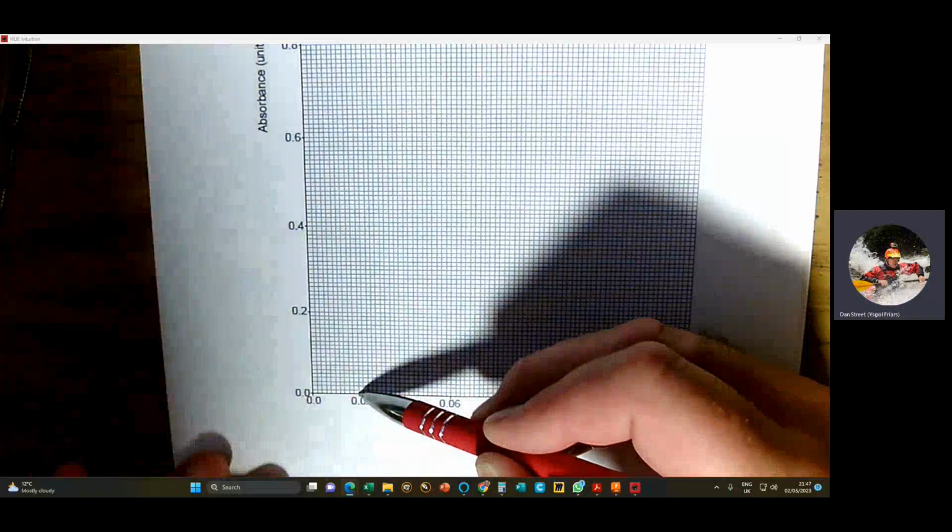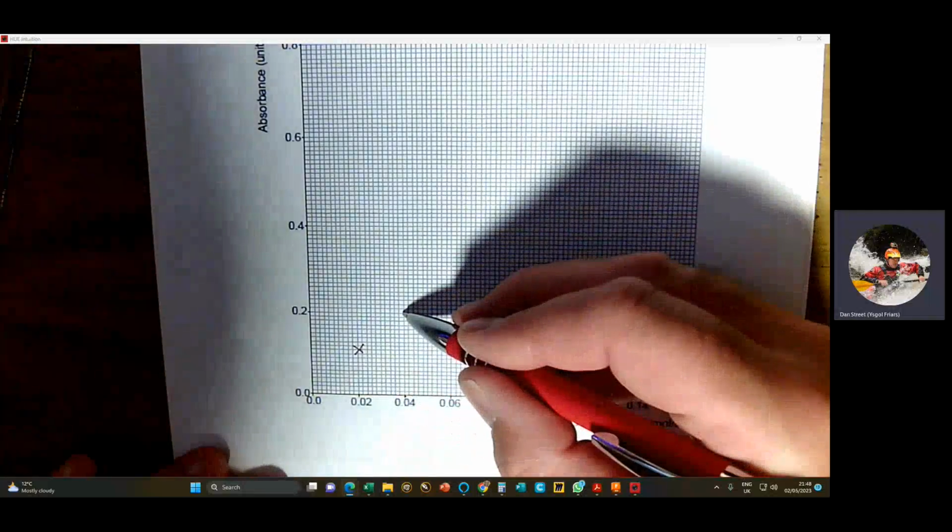So the first point is at 0.02 moles per decimeter cubed and at 0.1, which is halfway between 0 and 0.2. The next point is at 0.04 and that's at 0.2, which is there. And 0.08 is the next one, so don't fall for that.